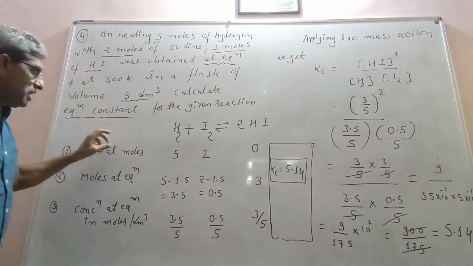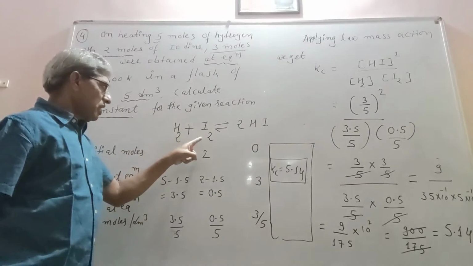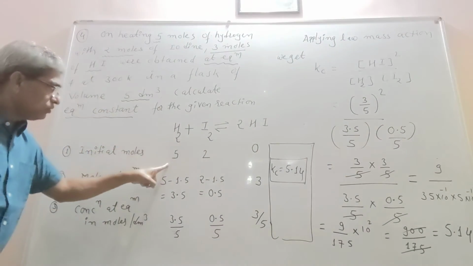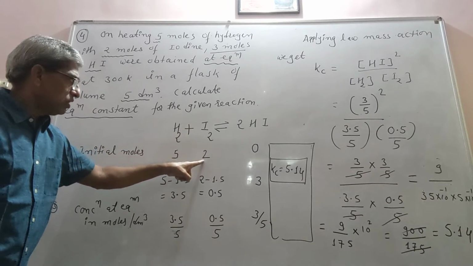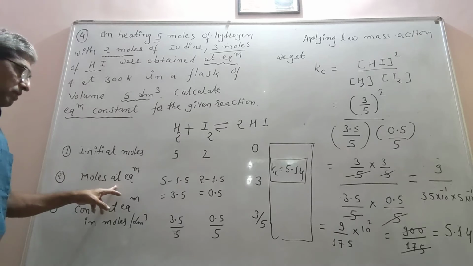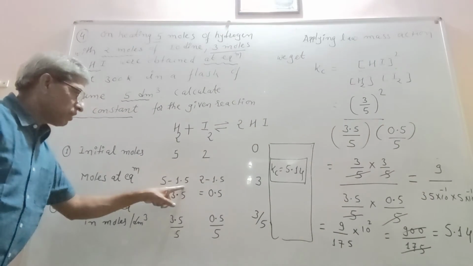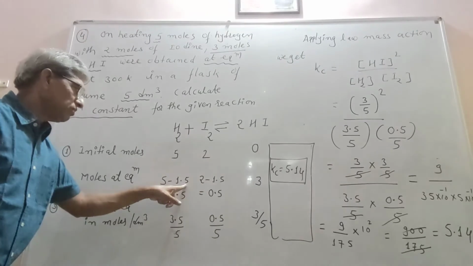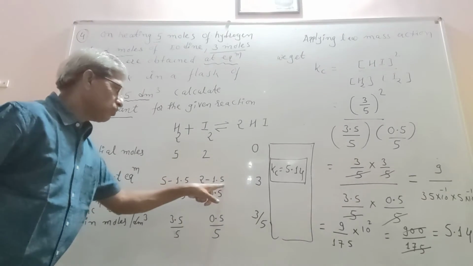Therefore, we write the reaction: H2 plus I2 gives twice HI. Initial moles are 5, initial moles of I2 are 2, and initial moles of HI are 0. Moles at equilibrium: 5 minus 1.5, because reacted moles of H2 is 1.5, and reacted moles of I2 is 1.5.